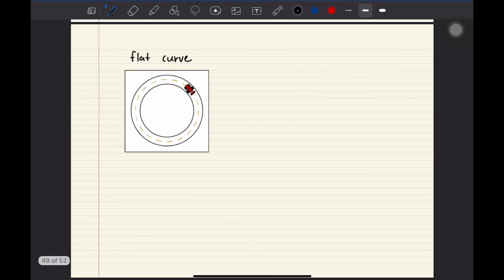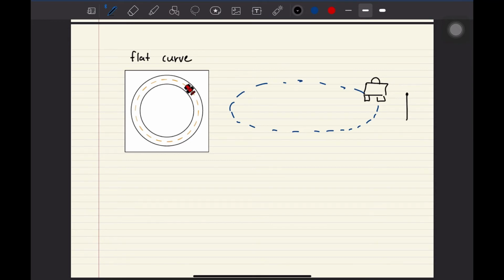Here is the example of a flat curve. If I have a side view, then maybe this is my car, and maybe it's moving in this path. Let's say I draw the free body diagram over here.